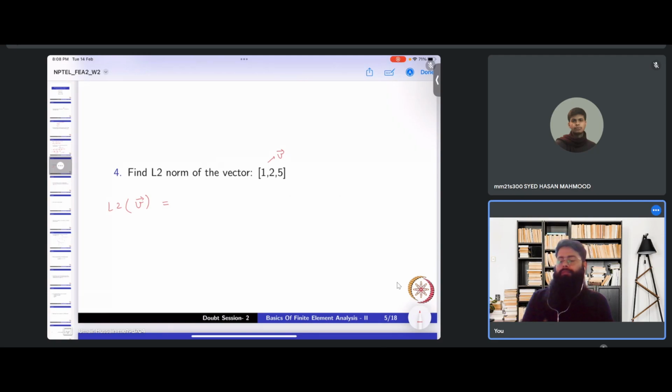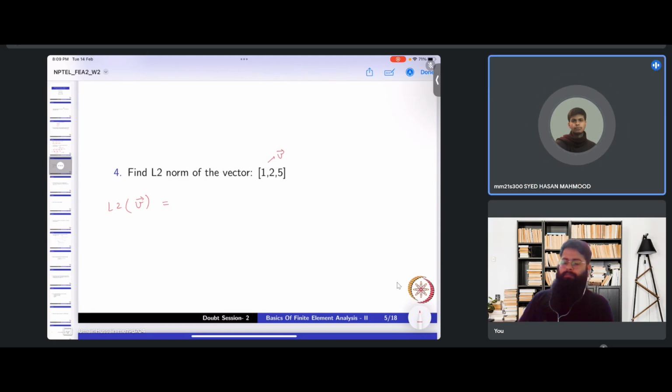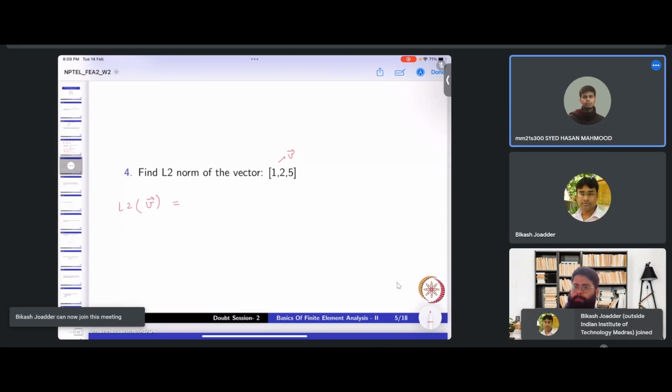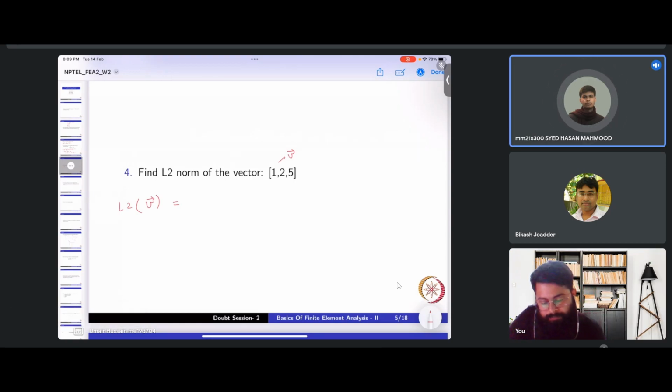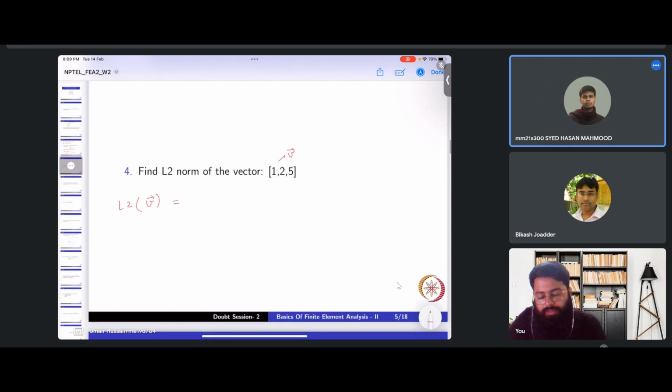In case of a general vector, how do we define the L2 norm? Do we take the sum of the squares of the components? Yeah, you're quite there. And then take the square root. Yeah, right.